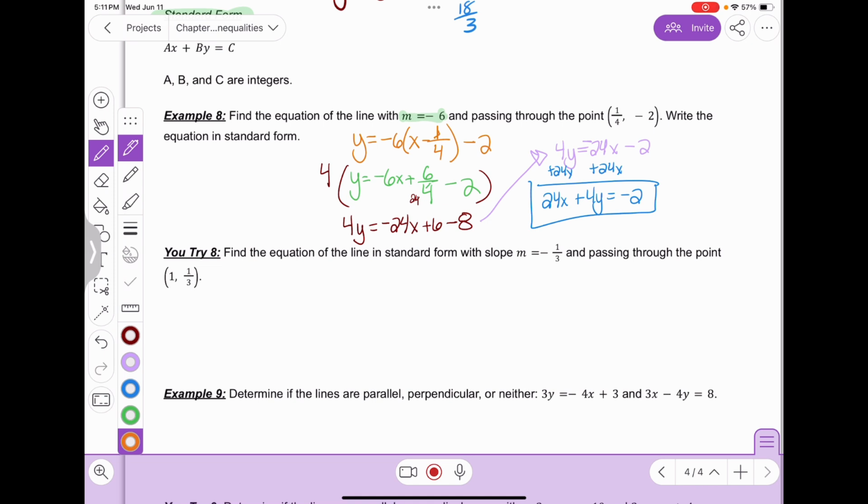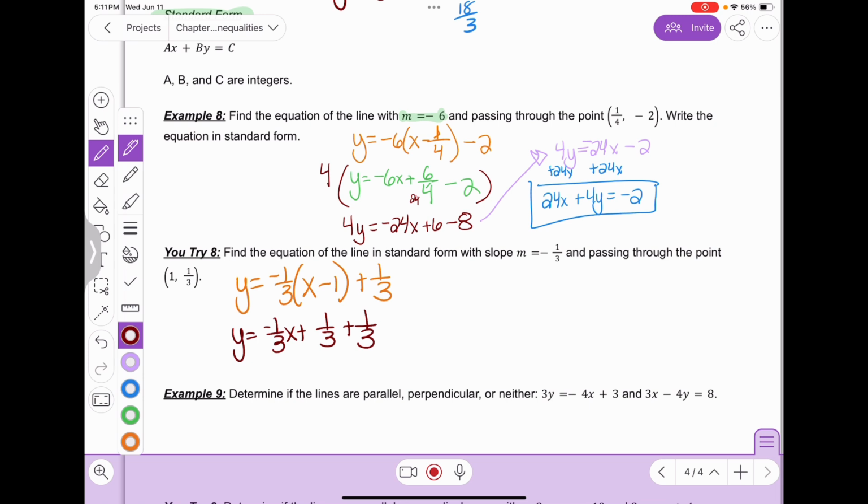All right, so y equals negative 1/3 times x minus 1 plus 1/3. Distribute. Now you don't want to do your multiplying until after you've gotten rid of the parentheses, because you don't want to mess anything up.